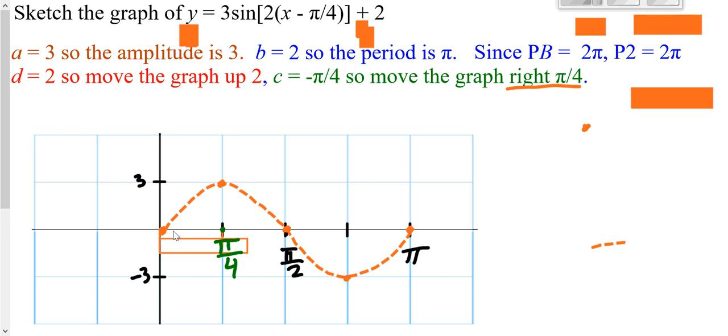Then I'm going to go ahead and move this up, and do another tick mark. Move this one over, and so on. Now I'm going to draw in another smooth graph going between these points.